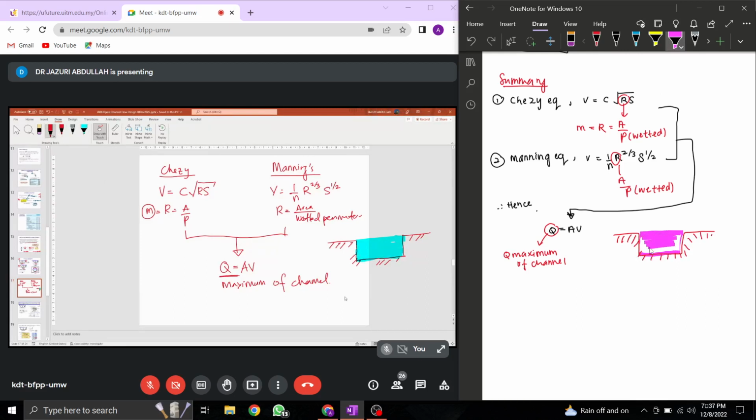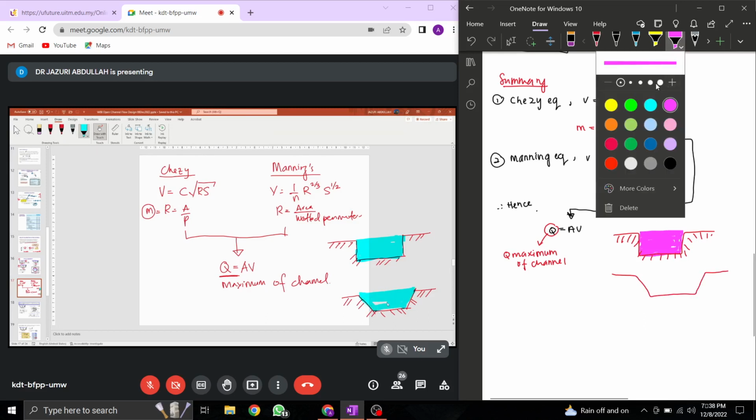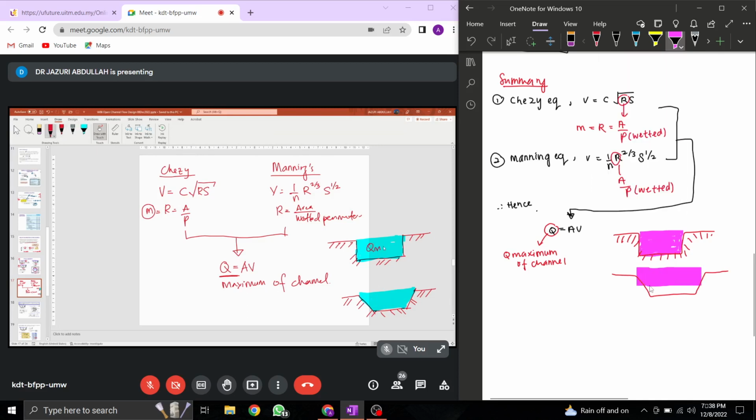Kalau kita ada bentuk trapezoidal pun sama juga. So this is the maximum of the channel, what is the capacity yang boleh dibawa oleh this channel itself. So ini adalah Q max yang kita calculate.